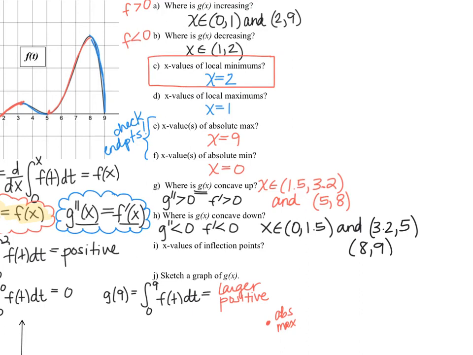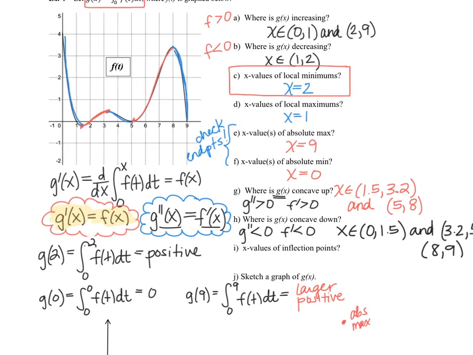And then lastly, we're looking for x values of inflection points. So where is the concavity changing? You can just look at your intervals of concavity and see where the concavity changes. But this is essentially like asking where the second derivative changes sign. So where is f prime changing sign?